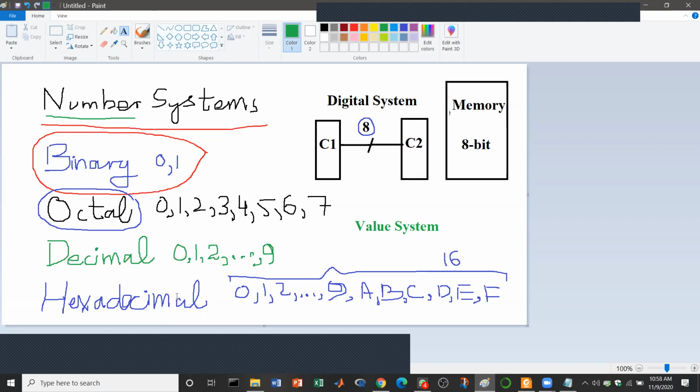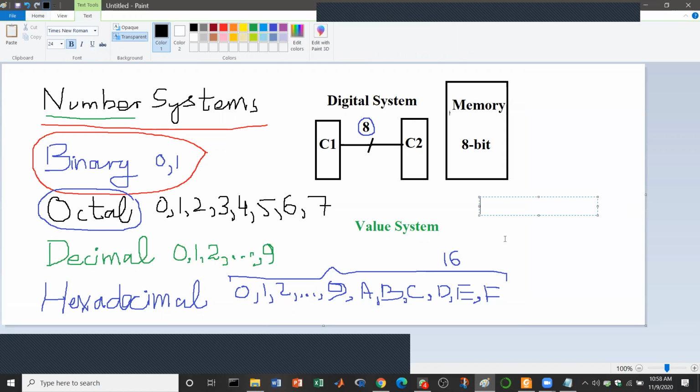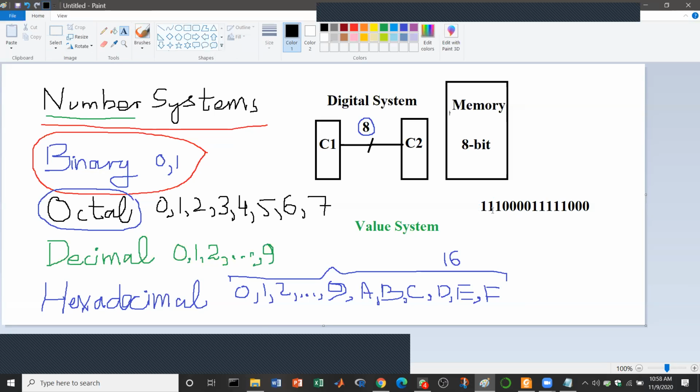Now, the reason we study the hexadecimal is very surprising and also very natural. Why? Because when we deal with binary numbers and we encounter a number which contains many binary digits, we cannot remember the sequence.